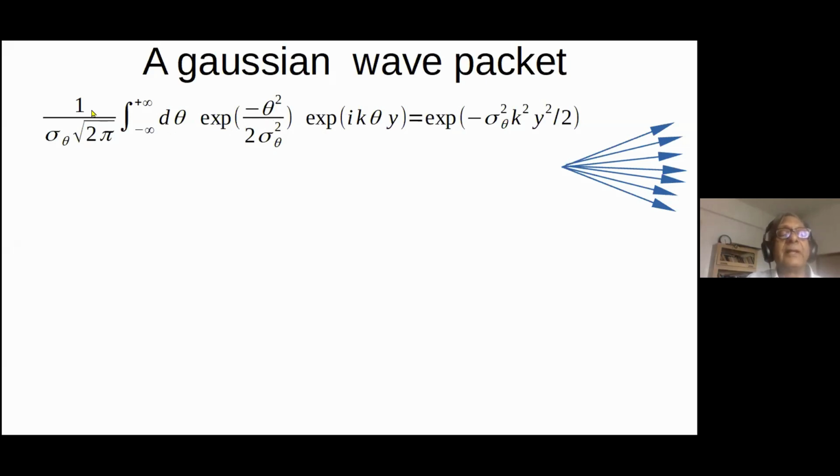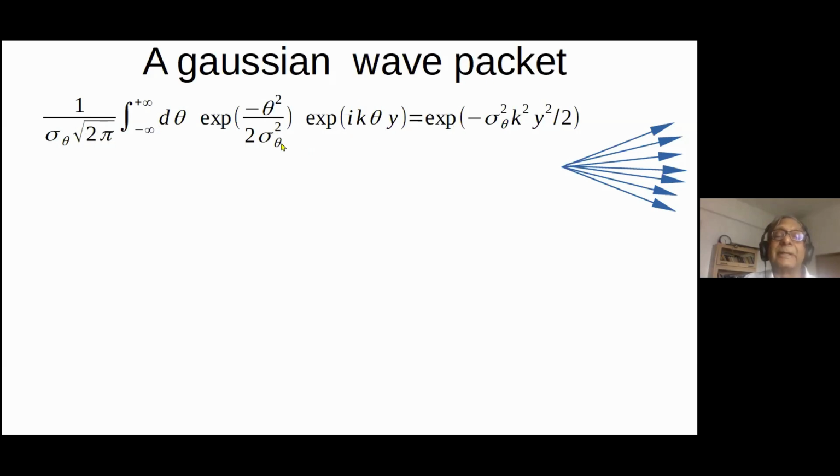And then earlier we had a factor 1 over 2 alpha here. And now we have put some other factor. The purpose of this factor is to ensure that even if we change the width, the total integral should be 1. Okay. So now I have not put in the x factor. So we are still looking at the electric field on the plane x equal to 0 as a function of y, because everything else is an integration variable or a constant.